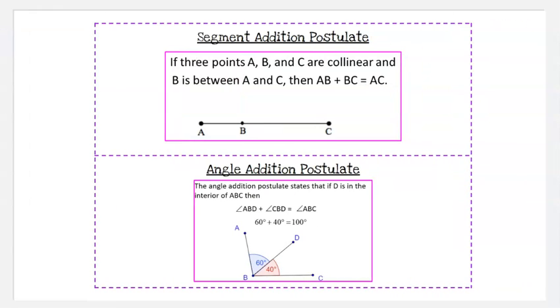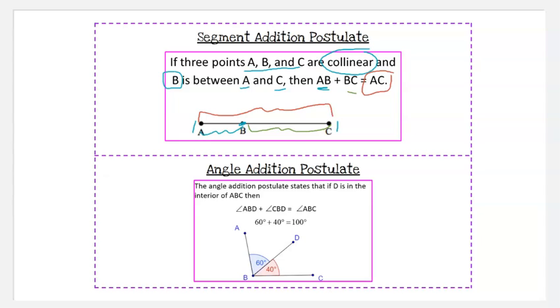So in math and geometry, two postulates we're going to use are the segment addition postulate. If we have 3 points, A, B, and C are collinear, so they exist on the same line, and B is between A and C, so as pictured, B is in the middle of A and C, then AB, so this piece right here, plus BC, this piece right here, is equal to AC, the whole piece.